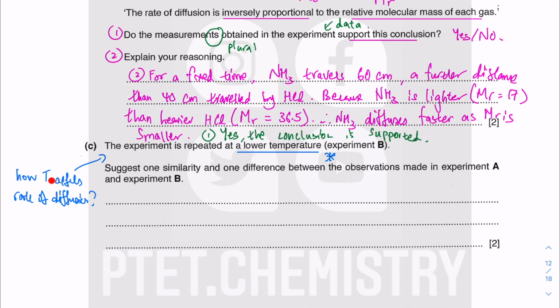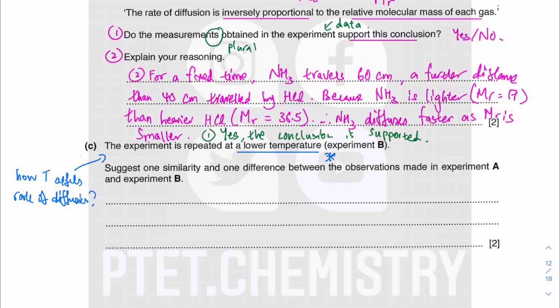Temperature is defined as a measure of your average kinetic energy. It's not the first time I mention it, ever since the first lesson in states of matter. The lower the temperature, the lower your average kinetic energy, so you don't move as fast. If you don't move as fast, you don't travel as fast, you don't diffuse as fast.